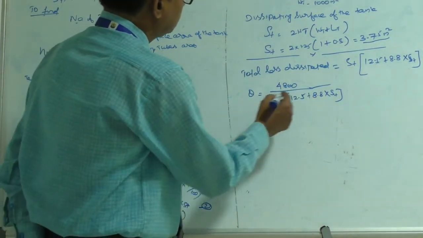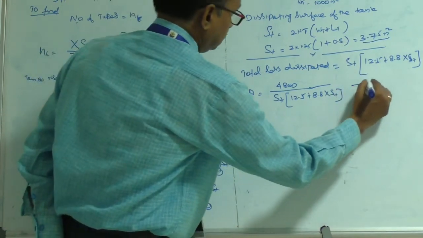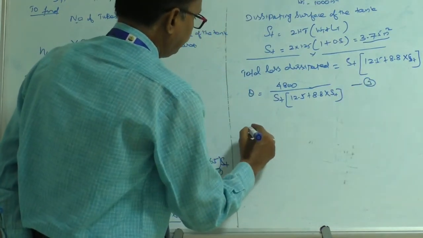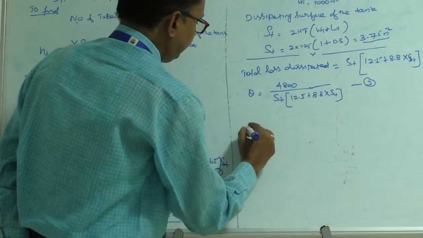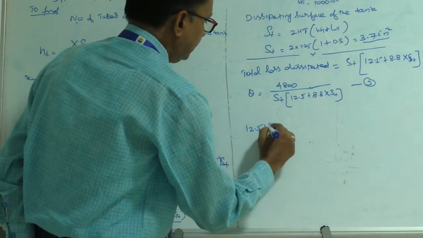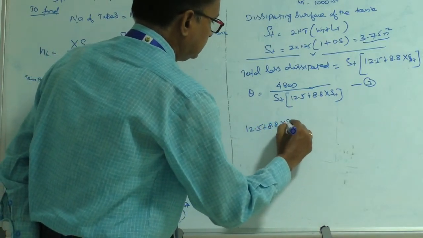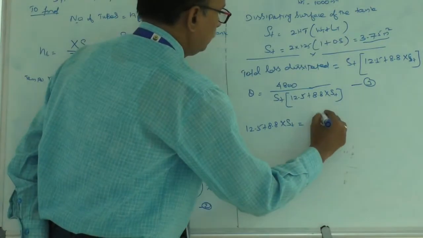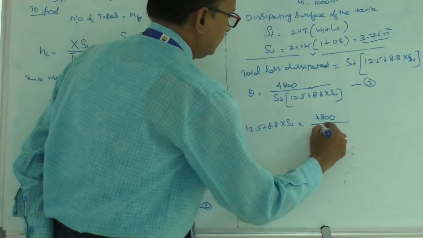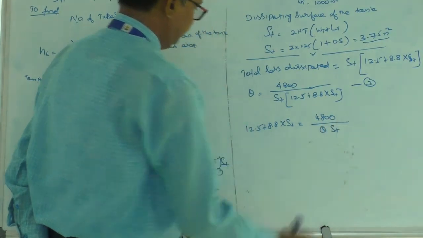Let us rewrite this equation 3 as 12.5 plus 8.8 X is equal to 4800 divided by theta ST.